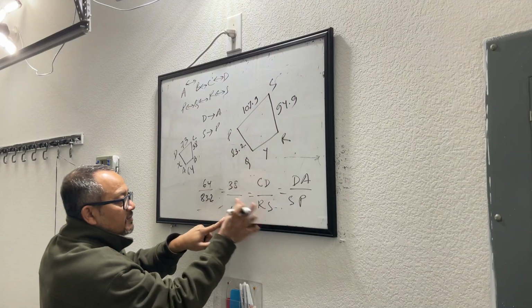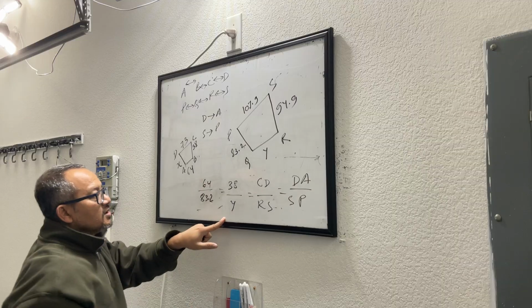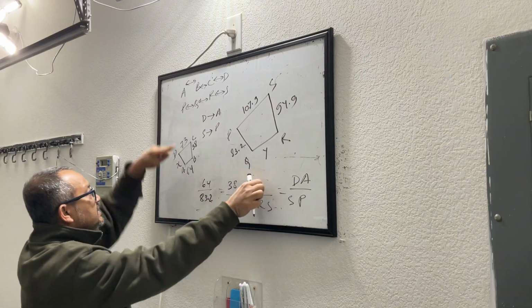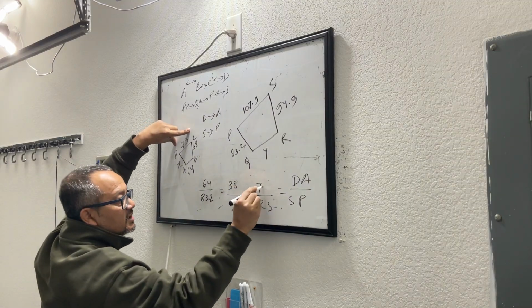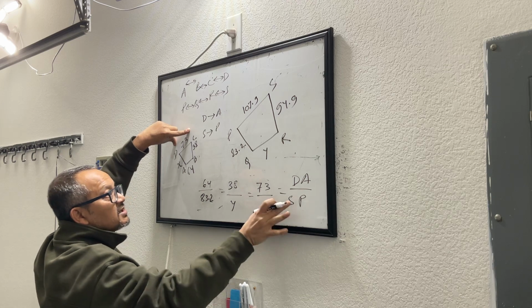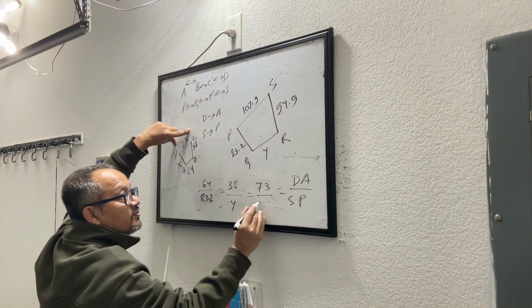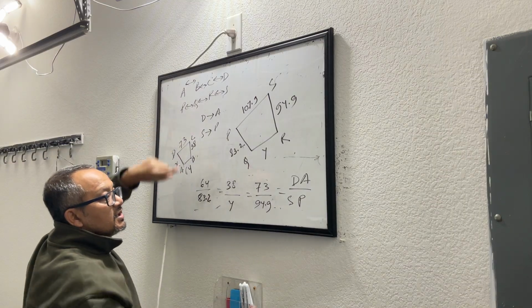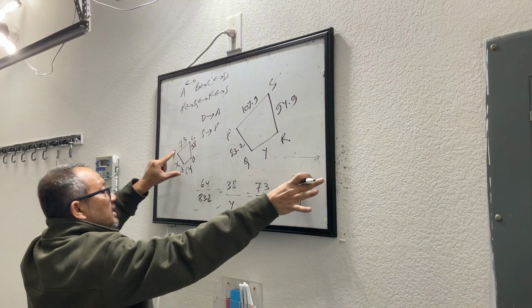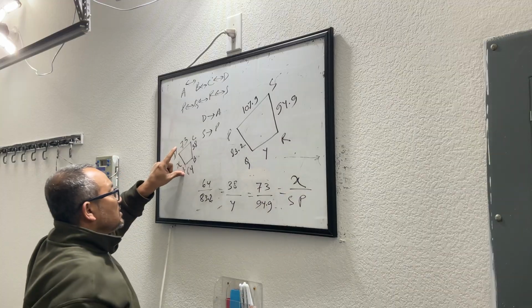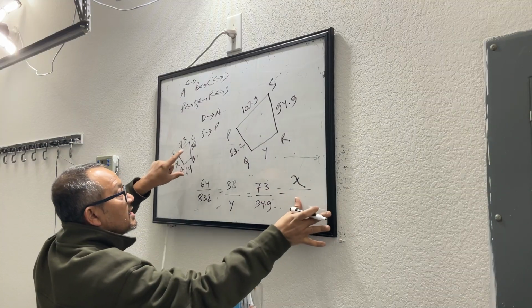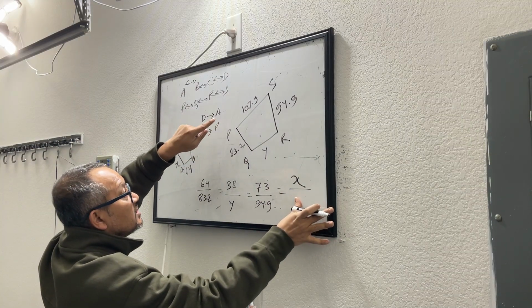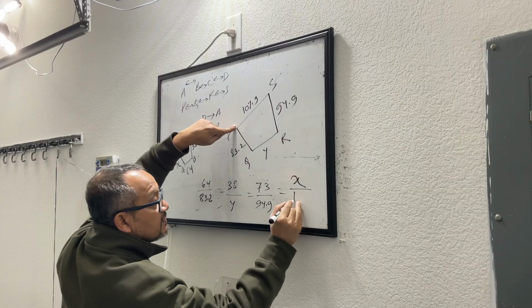QR is Y, we have to find out. CD is here 73. RS is this one, 94.9. DA is X. D to A is X. SP, S to P, 107.9.